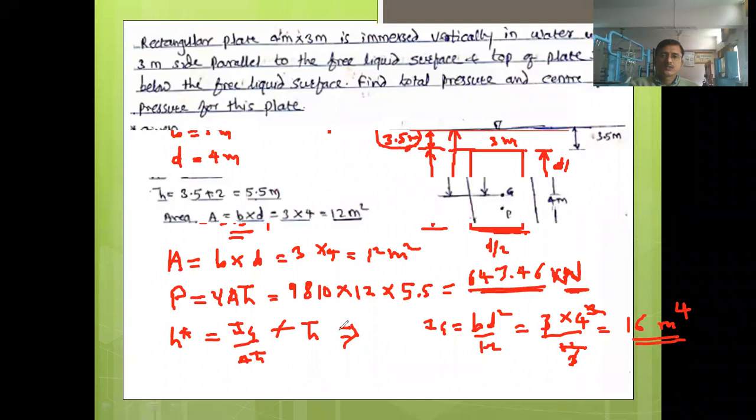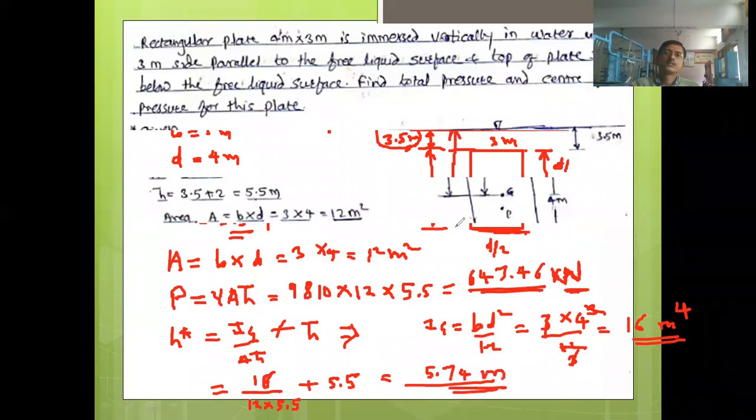Now Ig is found, put this value of Ig in this formula. Ig is equal to 16 divided by 12 into h bar, area we have calculated, h bar is 5.5, plus 5.5, is equal to 5.74 meter.